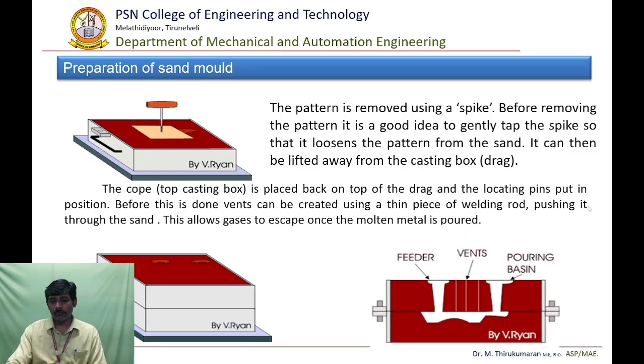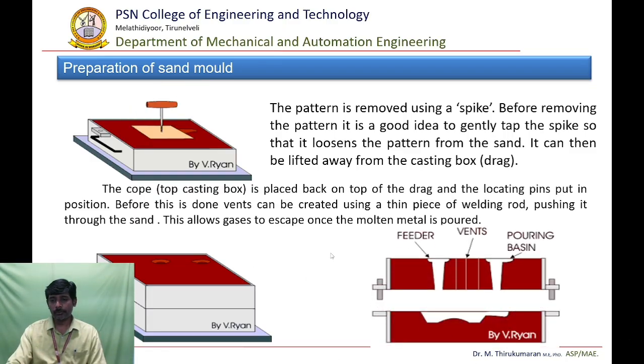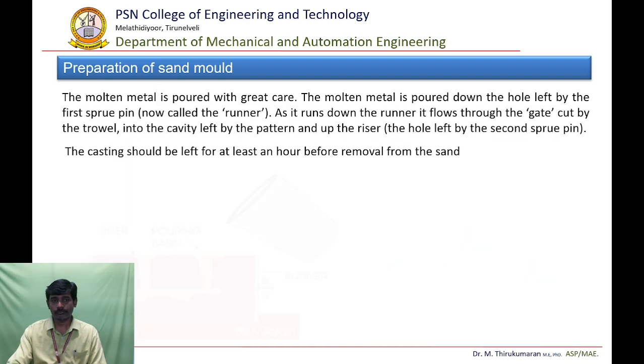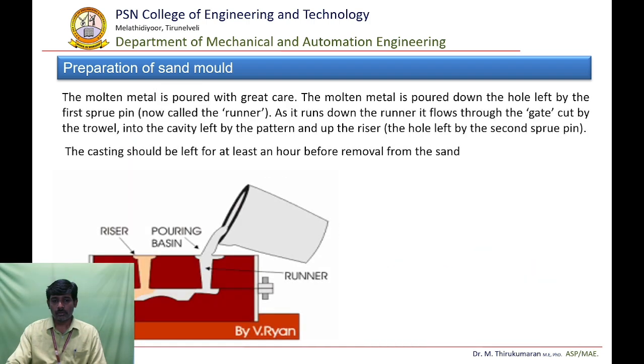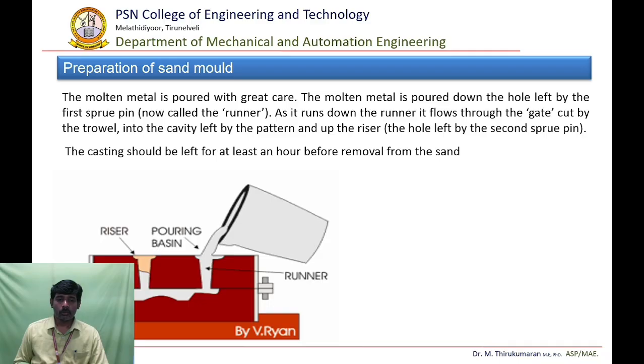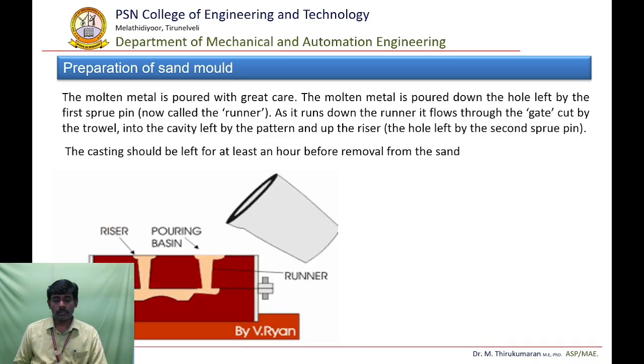So this is the final shape of the sand casting method. So this is a typical video of how the samples have been developed through the sand casting method. Okay.